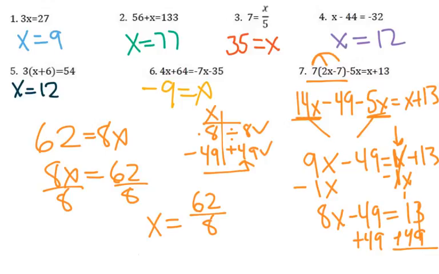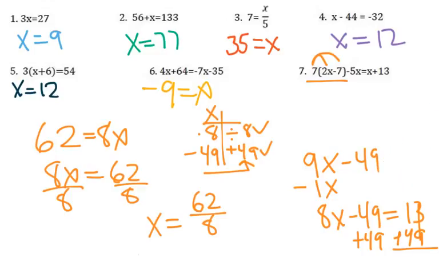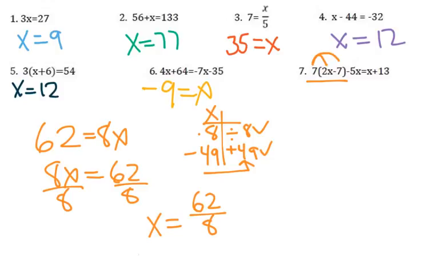So 62 over 8 would give us, well, let's reduce that. Sometimes our answers don't come out so nicely, don't they? So you could use a calculator and get a decimal, that's fine. Or we could just simplify it.